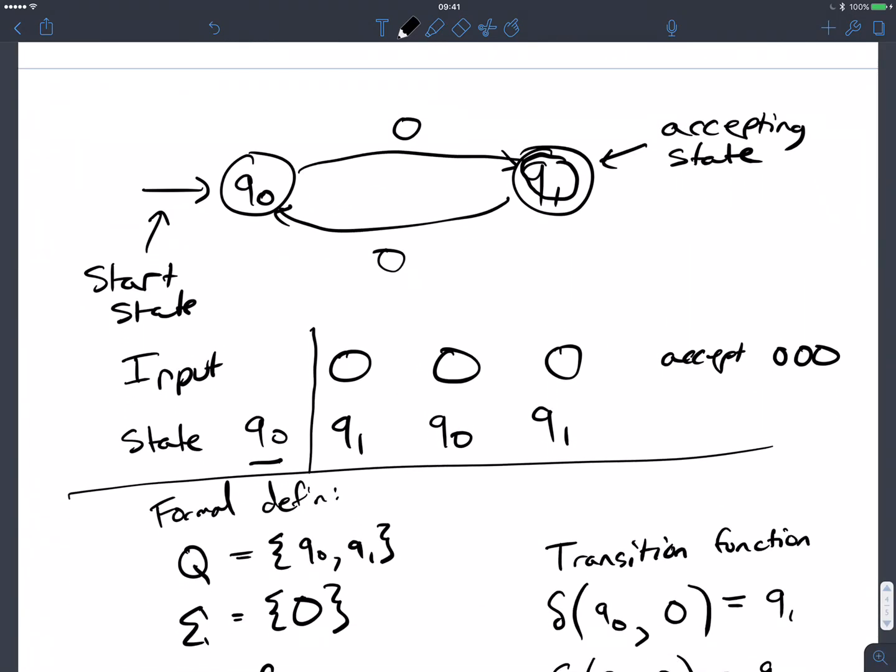We looked at the input string 000 in this particular case, and we said you start in Q0, and on this input, you go to this state because we follow the transition, and then once we're in that state, we follow the next transition, and then when do we stop? When we run out of input.